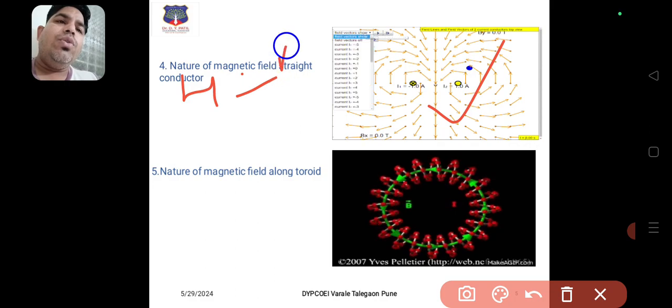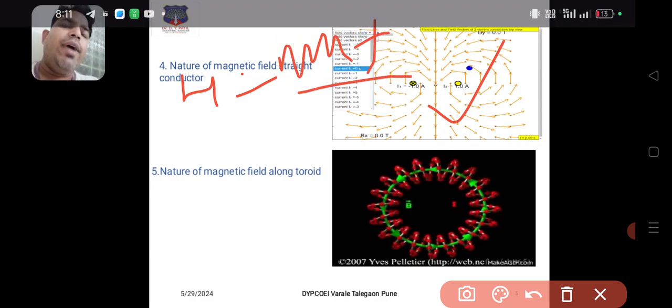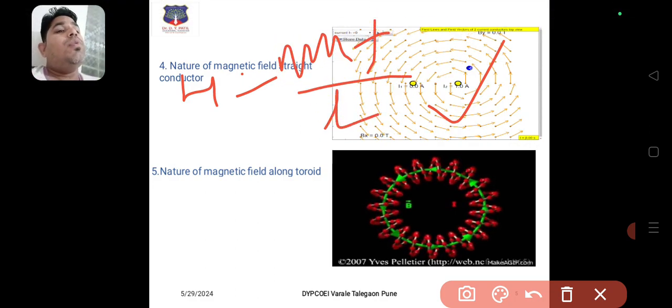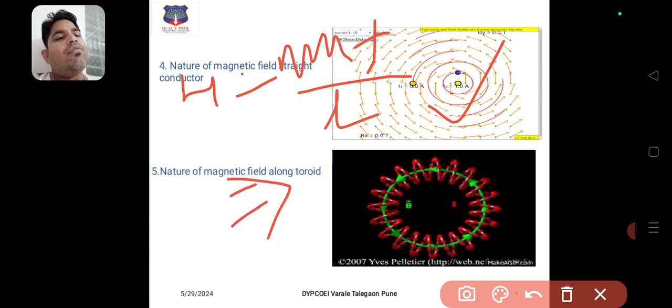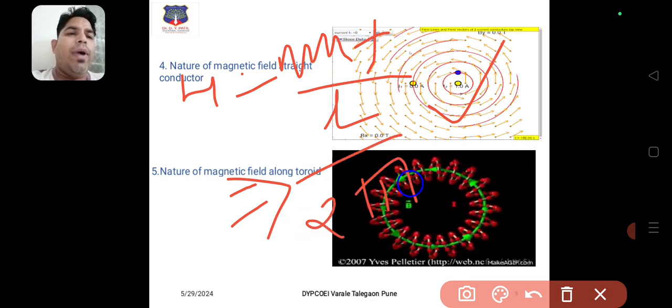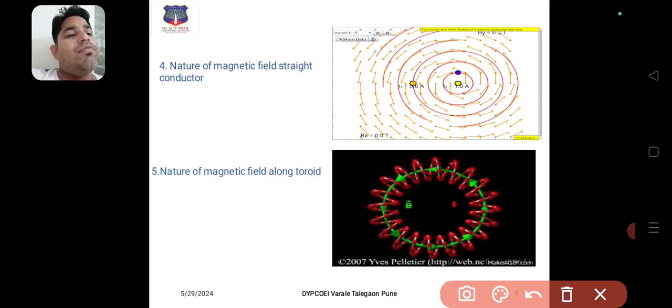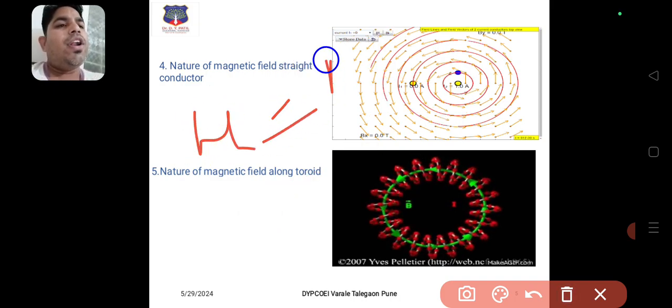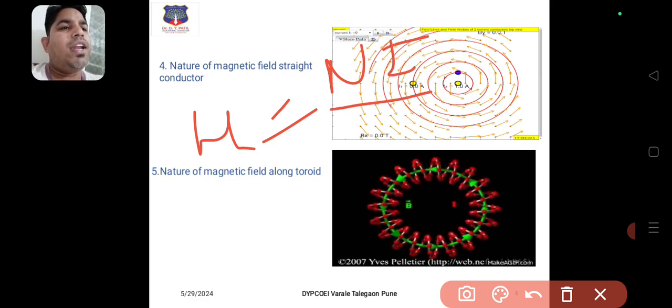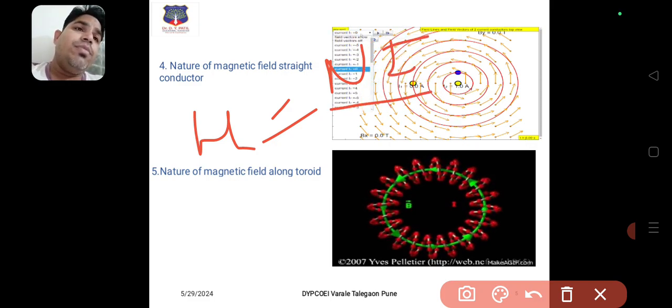So how can we find the strength? H is equal to MMF divided by L. The magnetic field generated around it is like the circumference of a circle, so we take the formula 2 pi r. H is equal to MMF, which is NI, divided by the circumference of a circle, 2 pi r.